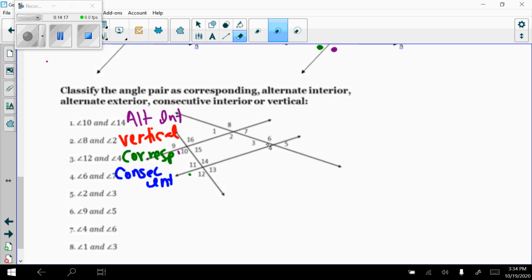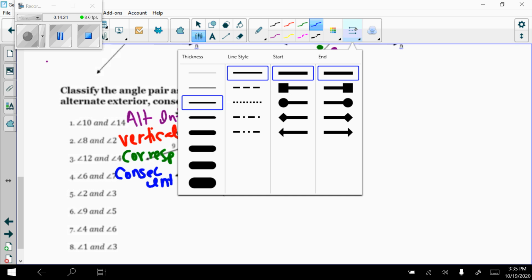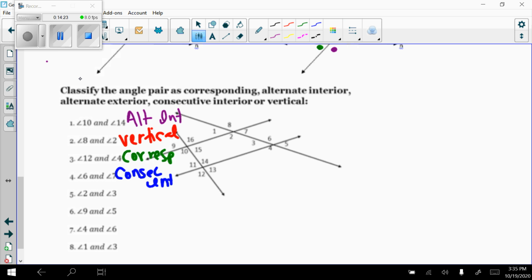All right, so if we look at number 5, angle 2 and angle 3. Again, just like 6 and 7, they're on the same side of a transversal, one right after the other. So those are also consecutive interior.